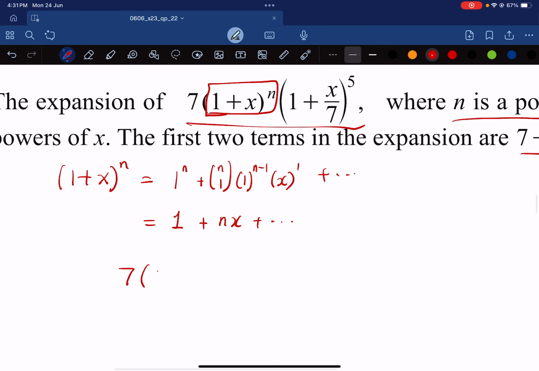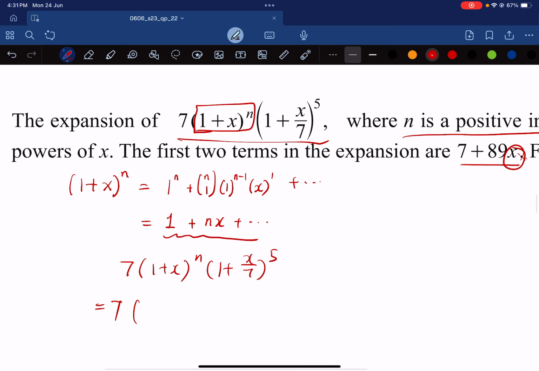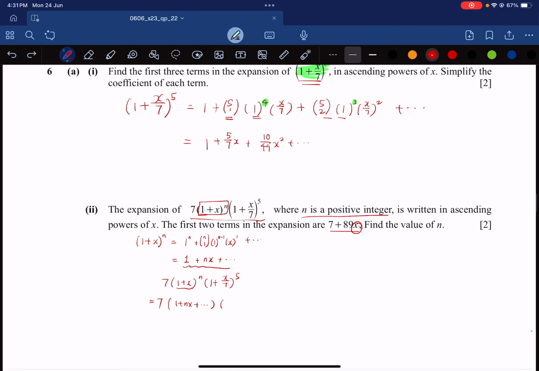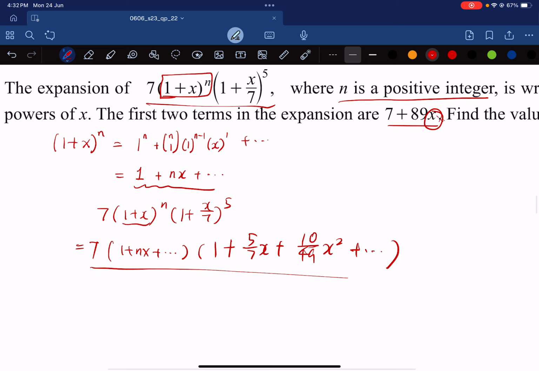So 7 times 1 plus x to the power of n, 1 plus x over 7 to the power of 5, can be written as 7 times what we got just now, 1 plus 5 over 7x plus 10 over 49x squared plus dot dot dot. So in the expansion of the entire thing, if you multiply all the constant terms, you get this, correct?